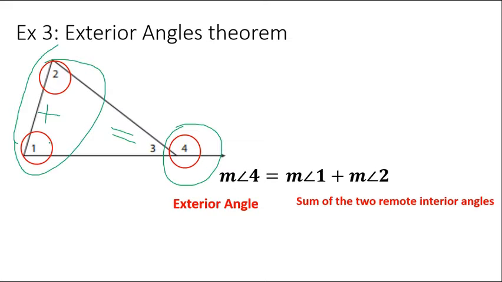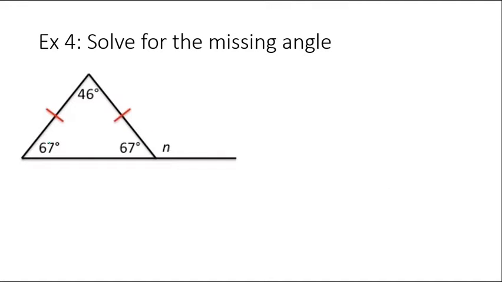Okay, so let's go over example 4, an example of how this is applied. So here we're going to solve for the missing angle. The missing angle here that we're looking at is angle N. And what we're looking for is the 2 angles on the opposite end of N, which is these 2.